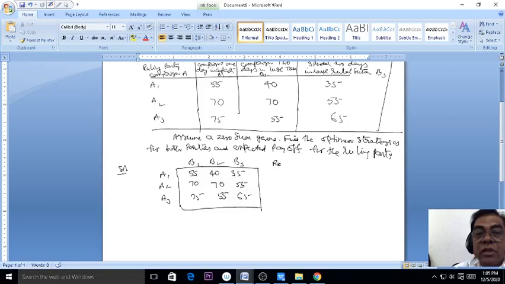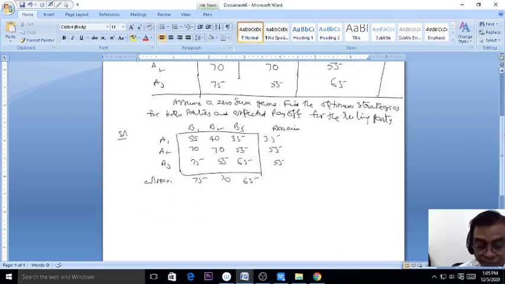How to identify the saddle point? Row minimum, column maximum. In the column maximum, the values are 75, 70, 65. Row minimum 35, 55 and 55. So here 35, 55, 55 and 75, 70, 65. There is no same element. So no saddle point.